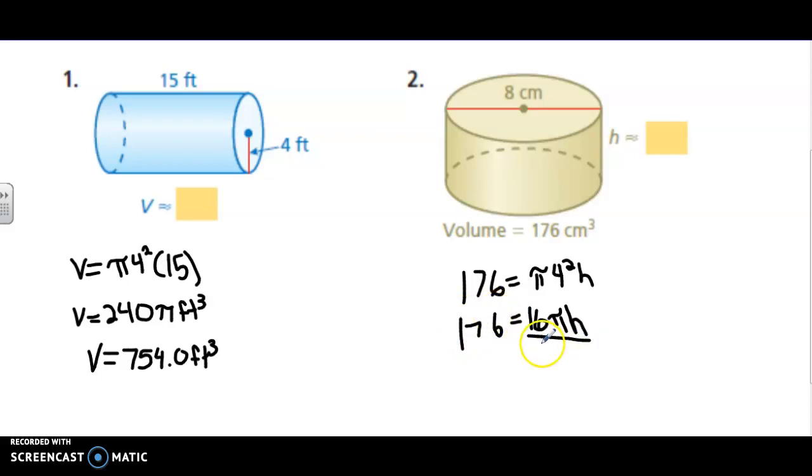And if I divide both sides by 16 pi, well, 176 divided by 16 pi is 3.50, so the height will equal 3.5 centimeters.